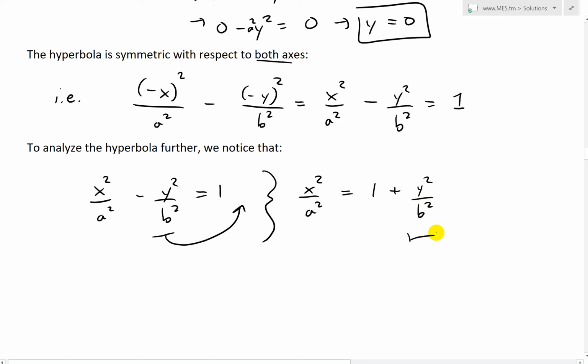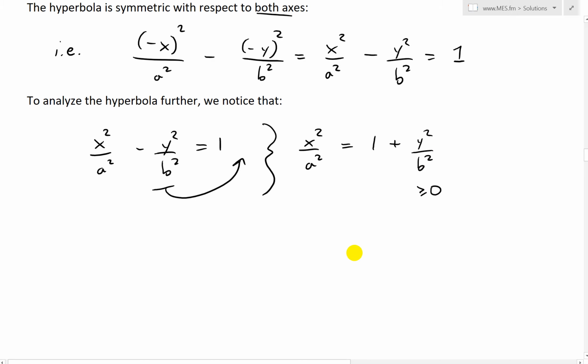Now this part right here is greater than or equal to 0, so that means this entire thing is going to be greater than or equal to 1. That is just 1 plus a number greater than or equal to 0.